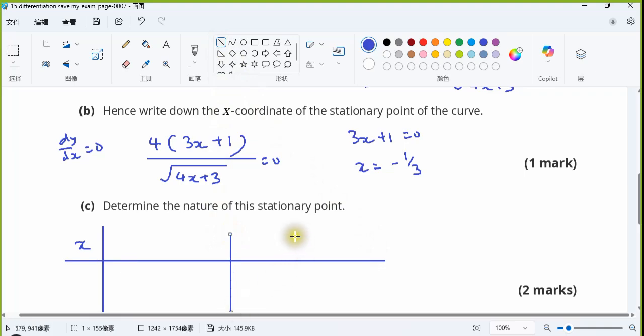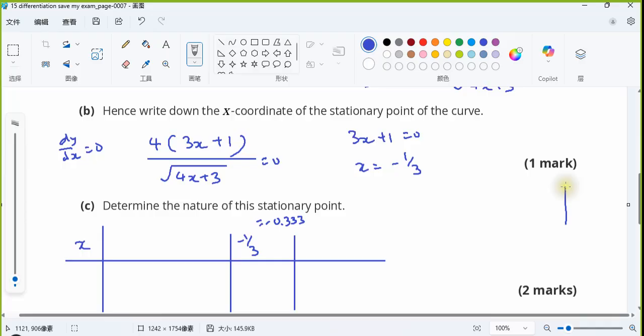Negative 1 over 3, or negative 0.333. So if we have a number line: 0, negative 0.32, negative 0.33, and then negative 0.34. So negative 0.34 and negative 0.32.